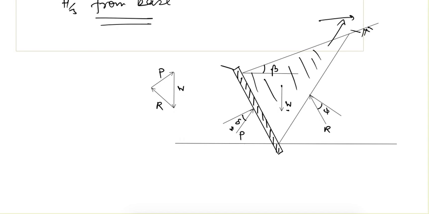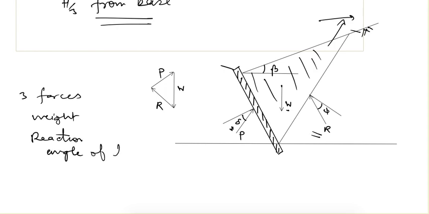Here we take three forces in equilibrium, that is the weight of the soil mass in the wedge and the reaction R that will be there due to the angle of friction. Soil will be resisting its movement downward, and in the active state, due to this angle of friction, R is acting at an angle phi from the normal. So this is the normal and the reaction is acting at an angle phi from here.